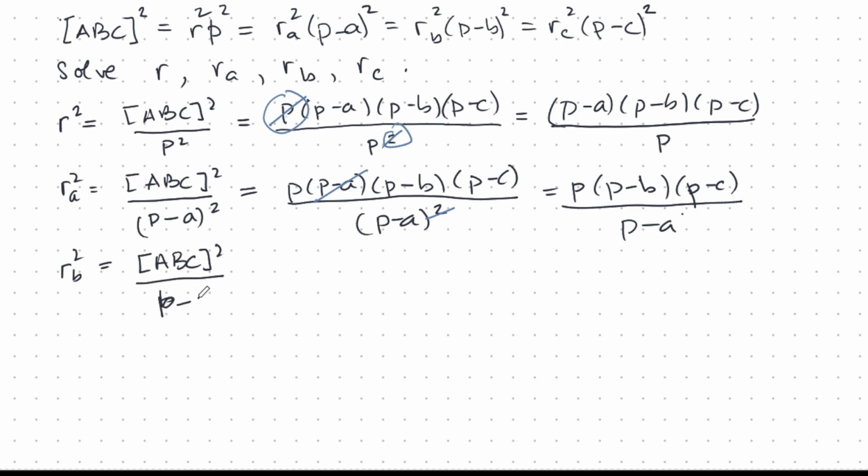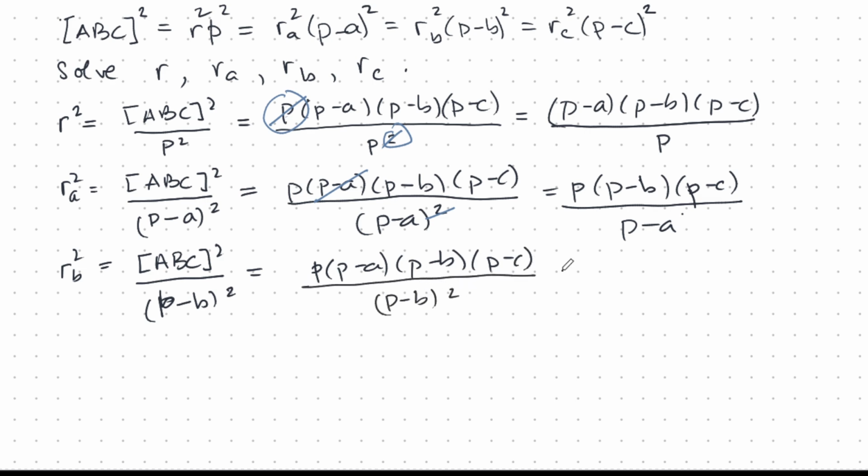You'll see the way it all comes together is just so elegant and remarkable. p times p minus a, p minus b, p minus c over p minus b squared. Let's hope I don't make any more mistakes. Okay, let's cross this out, and this goes away.